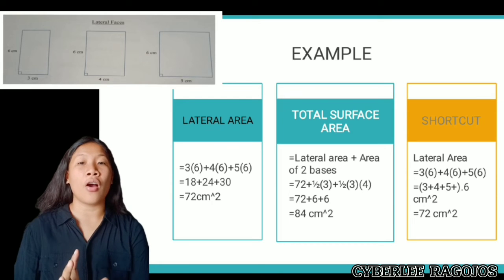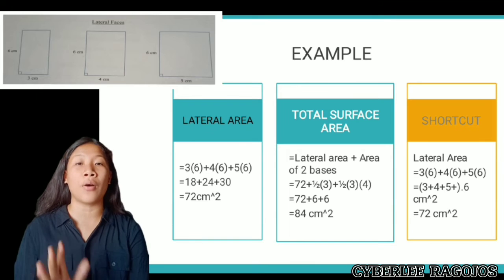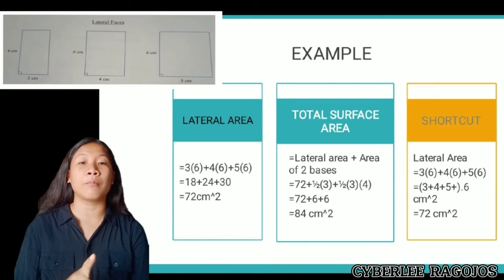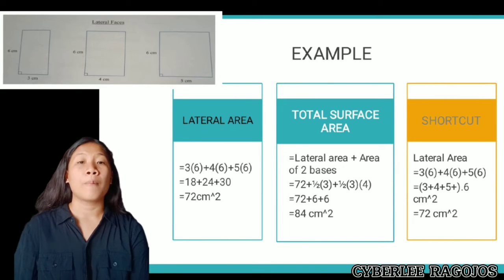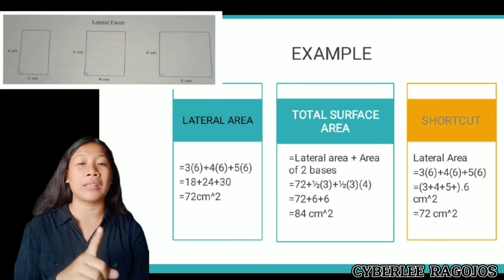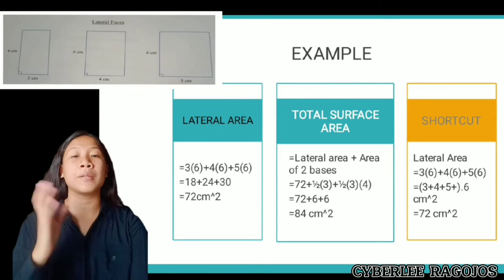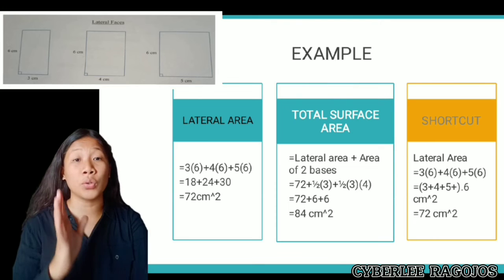At sa area of two bases is meron tayong 1/2. And kailangan lang natin kunin yung dalawang base ng triangle, which is yung 3 at 4. So, 72 plus 1/2 multiplied by 3 and 4 plus 1/2 multiplied naman natin sa 3 and 4. So, 1/2 times 3 times 4 is equals to 6.